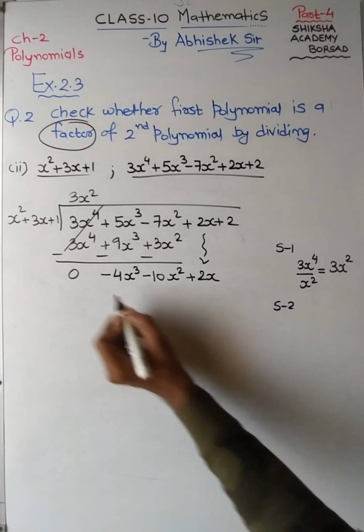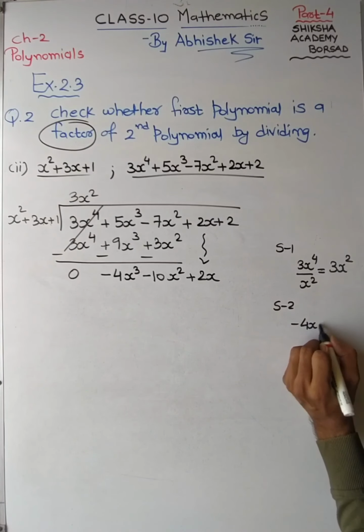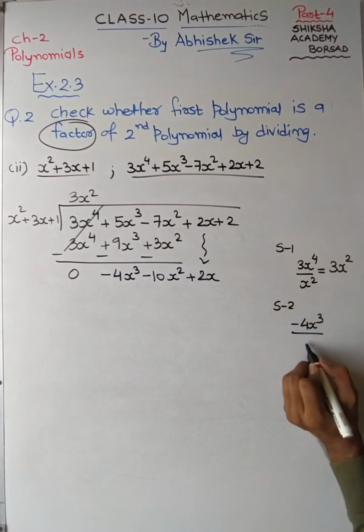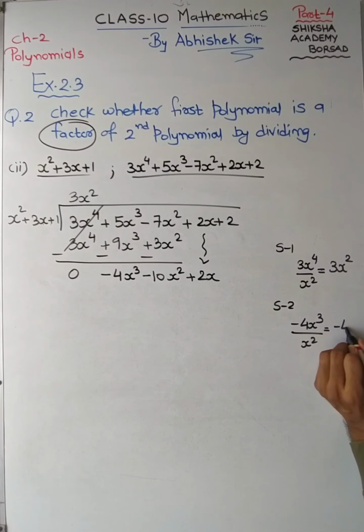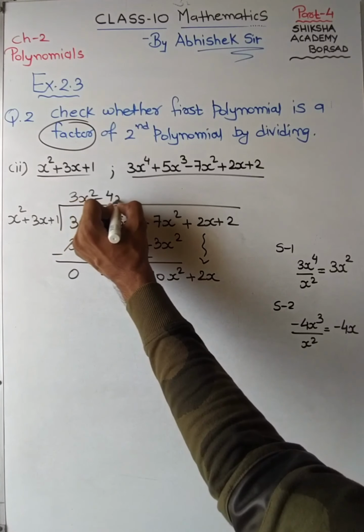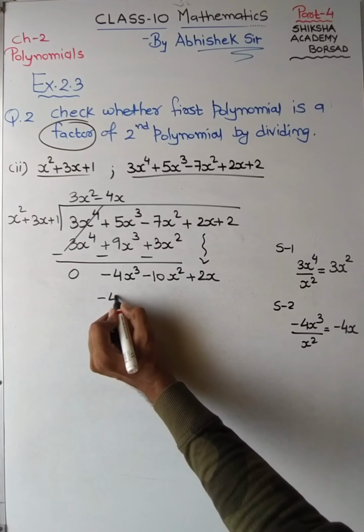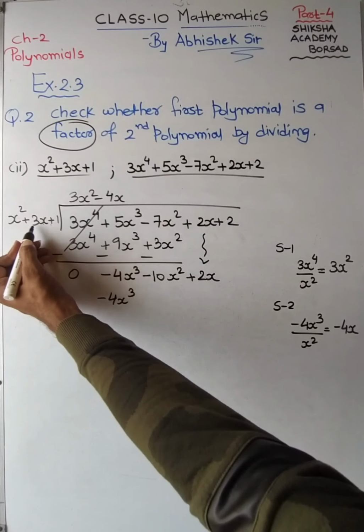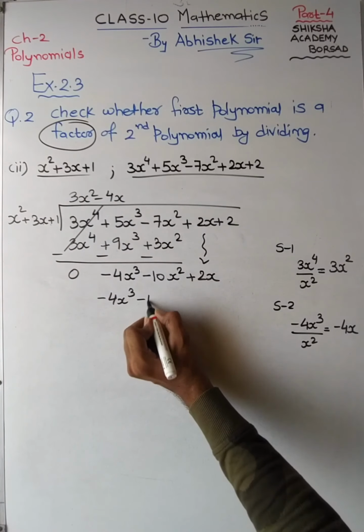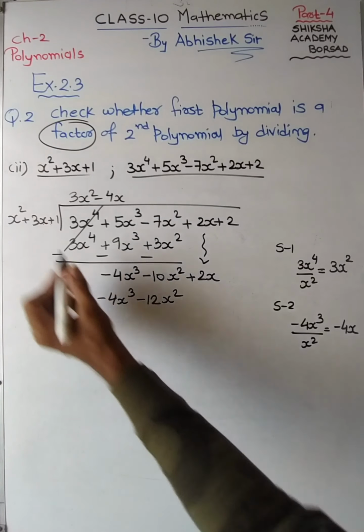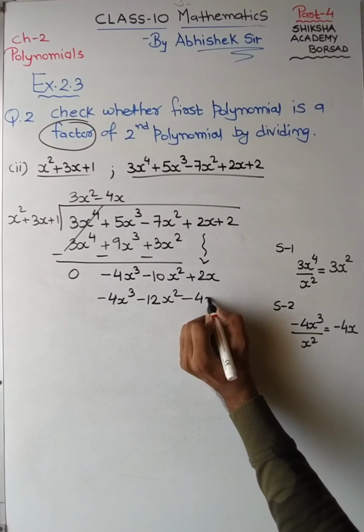Going for the step 2, minus 4x cube upon x square will give you minus 4x. So writing minus 4x over here and multiplying 1 by 1, x square into minus 4x cube, 3x into minus 4x, so minus 12x square. 1 into minus 4x is minus 4x.